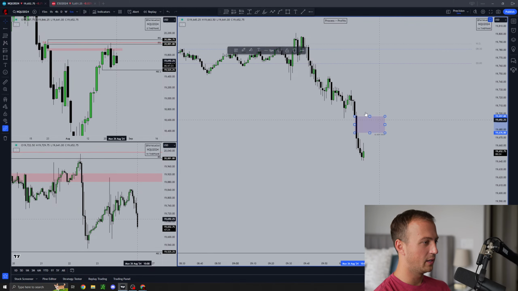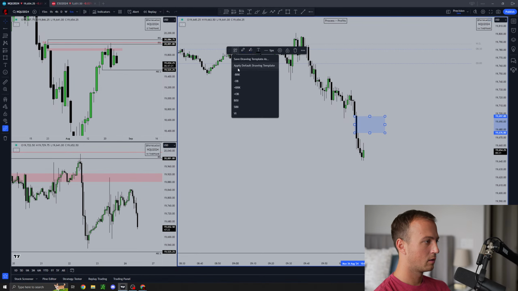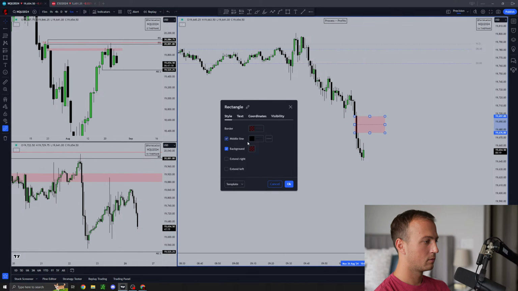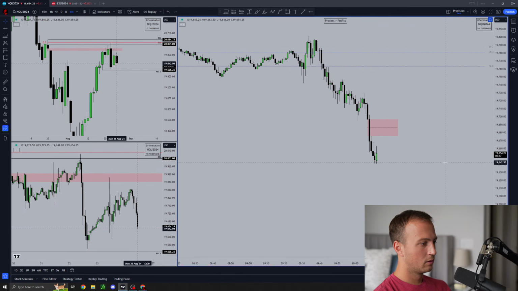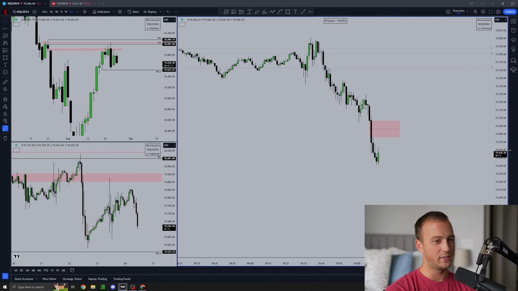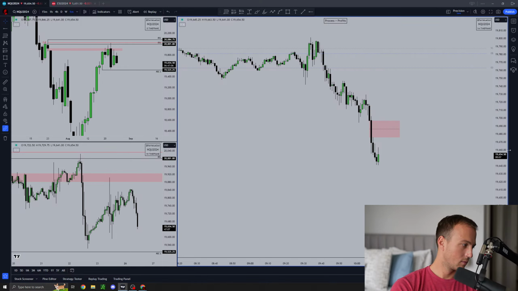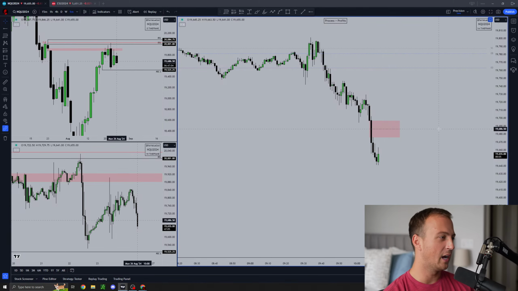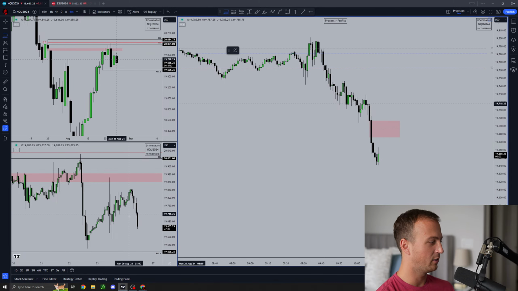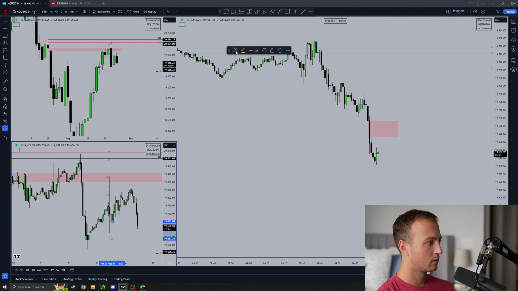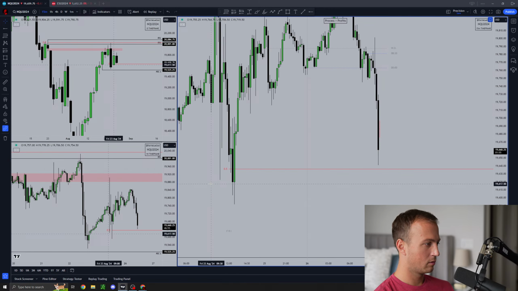I'm watching this one mainly. Do I like catching reversals? Sometimes. If it's in line with higher time frame order flow, I can trade in that direction. Down close candle here. I've also marked out the wick.